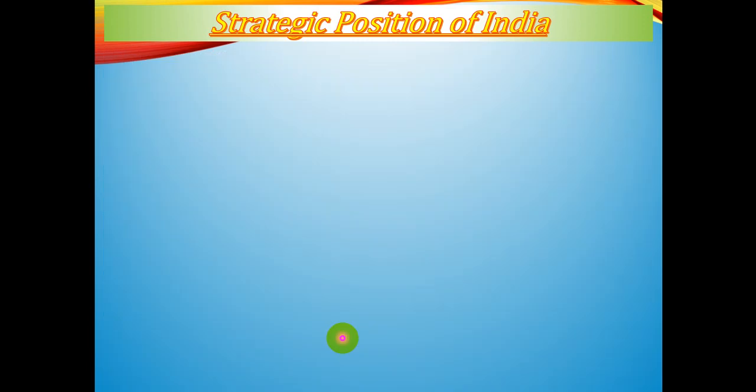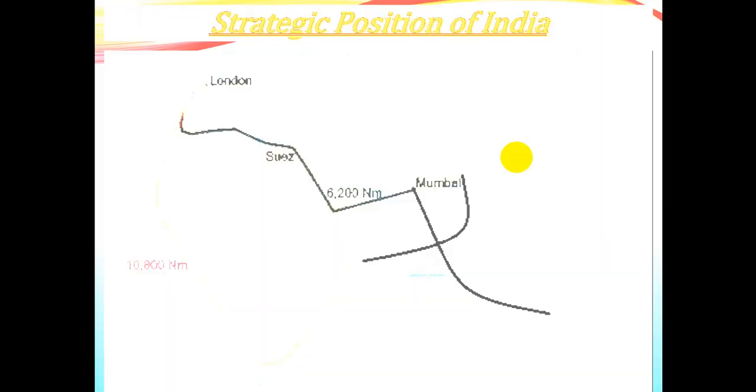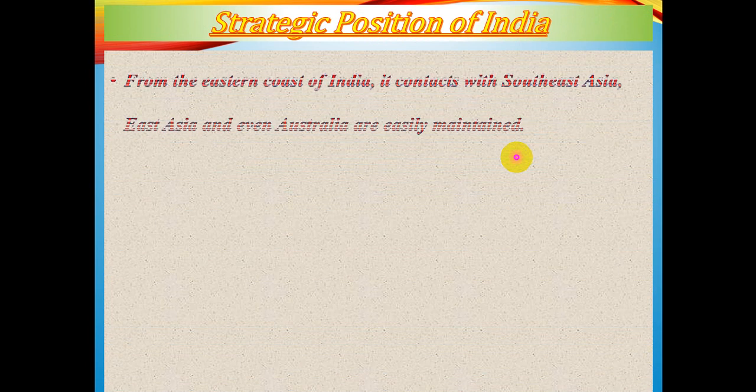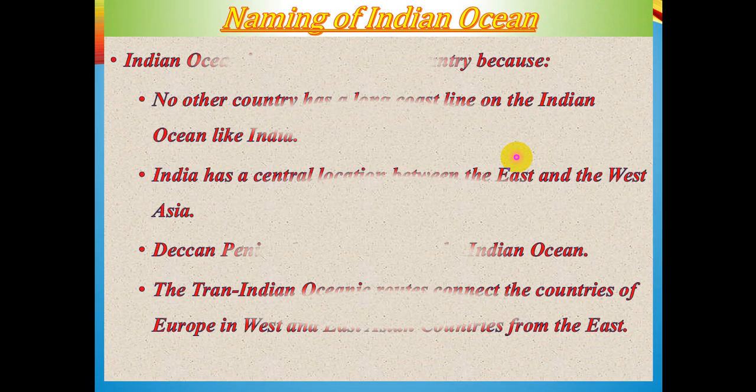We can see on the map that it lies at the crossroads. So it is easily contacting this part, and even this part. So it is lying at the crossroads of East and West Asia.